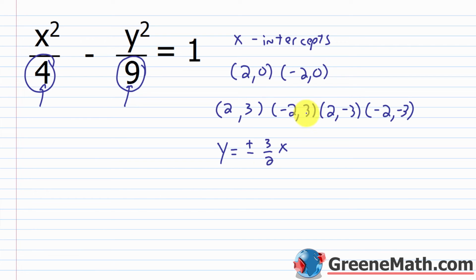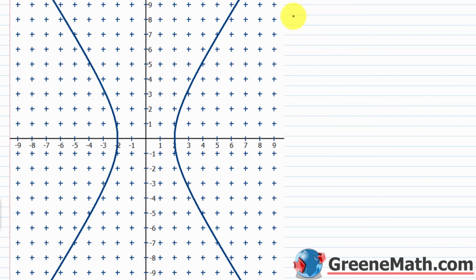So let's take this information to the coordinate plane. Again, we saw that the x-intercepts are going to occur at (2, 0) and (-2, 0). So (2, 0) is here, (-2, 0) is here. We found that the fundamental rectangle endpoints were what?